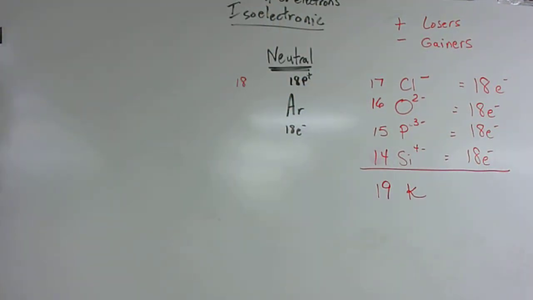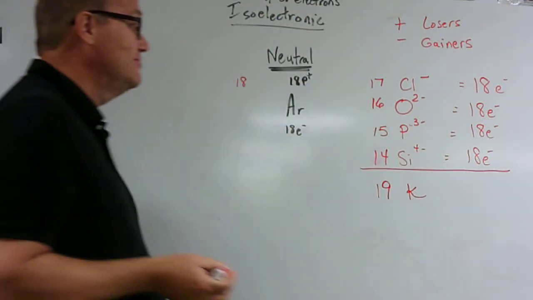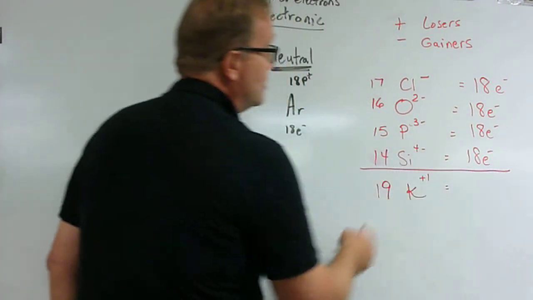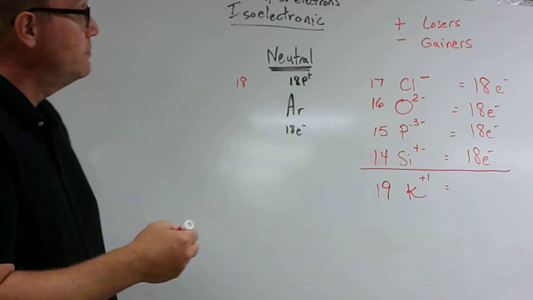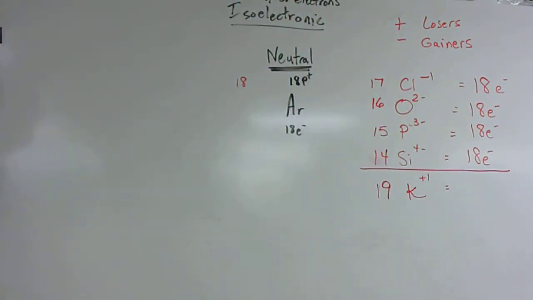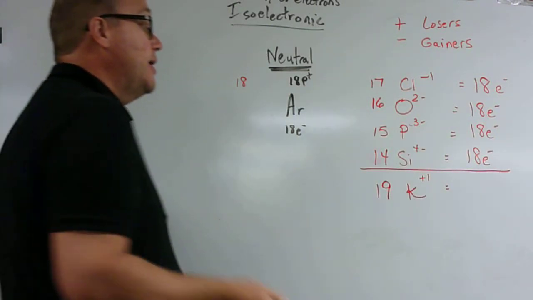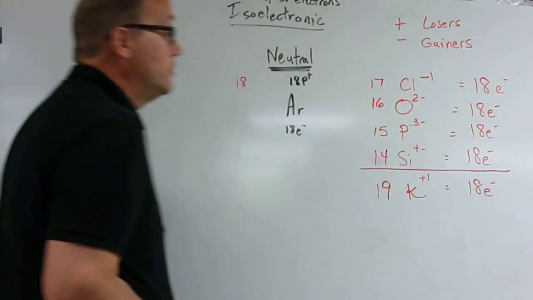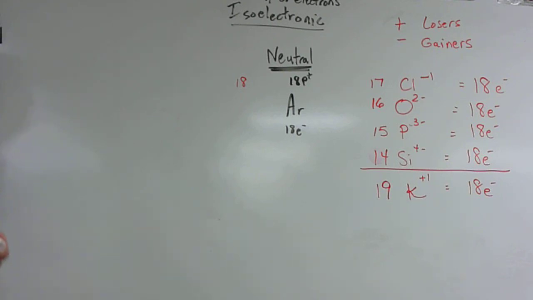How do I go from there to 18? Now I'm going to be losing an electron, so it's a positive one charge. I lost an electron, so I have 19, now I'm going down to 18 electrons. That's how it becomes isoelectronic.